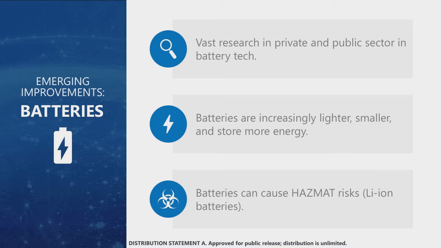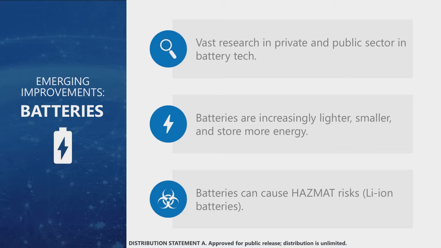And batteries are becoming increasingly lighter, smaller, and storing more energy. Another consideration with the current batteries is that lithium ion batteries can actually pose a hazmat risk. If you were to take down a drone or a drone crashed somewhere, and it was powered by lithium ion batteries, especially if a fire resulted or if it crashed into a fire, you now have a potential hazmat situation. So it's just another consideration when dealing with drones.